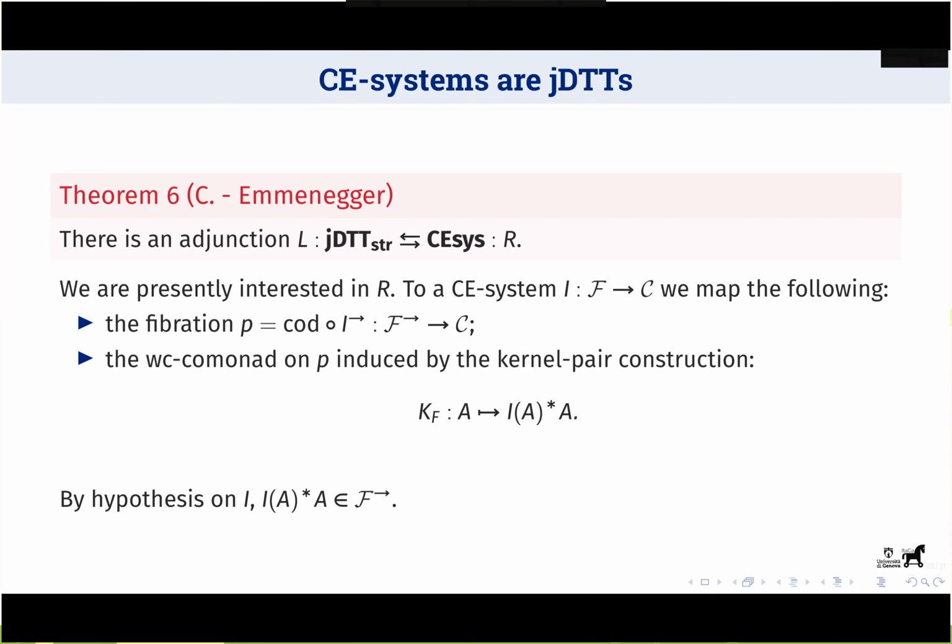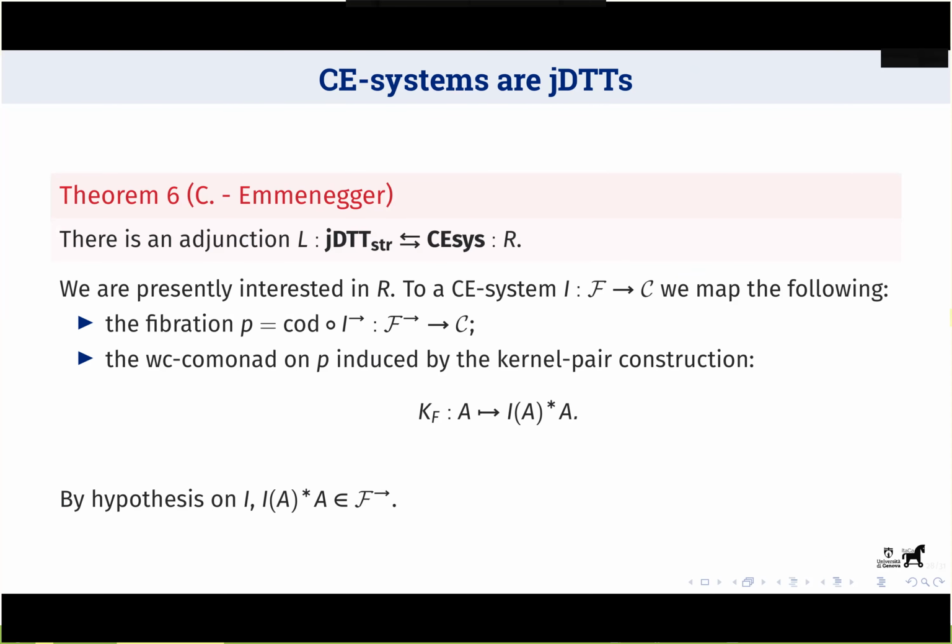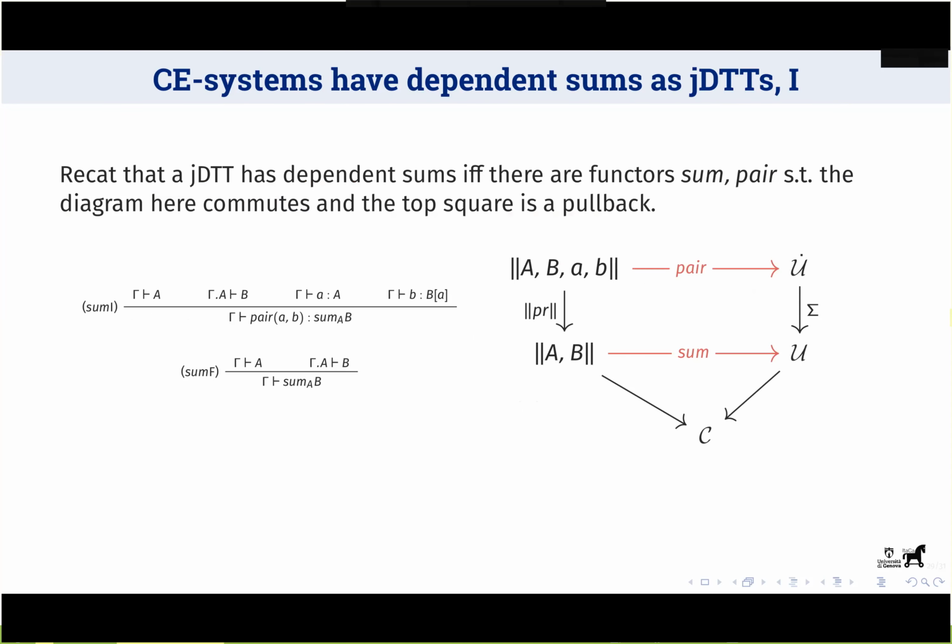So this provides the comonad that we wanted, and so in particular to each C system we can match a comonad structure. Now let us show that the object that we obtain through this association produces the desired structure.